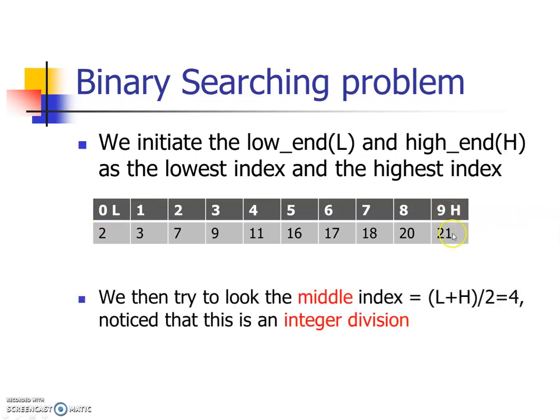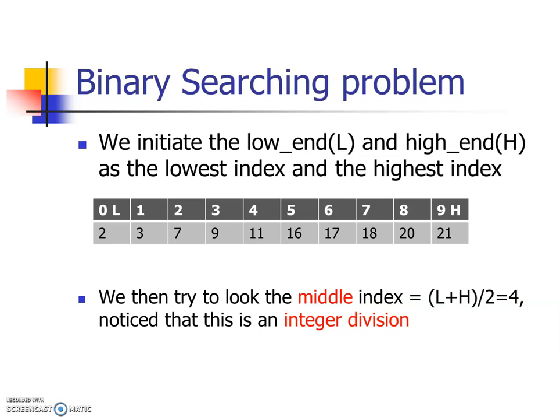So what we are going to do next is use this low and high to find the middle index. Now, here's the tricky question. If my low is 0, high is 9, and we want to find the average of the two values, which means we say 0 plus 9 first, and then divide it by 2, what is the value? You need to understand we are talking as a computer.